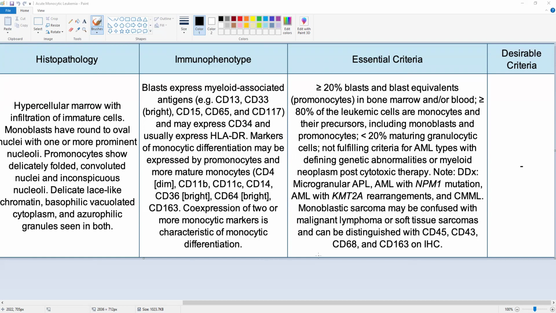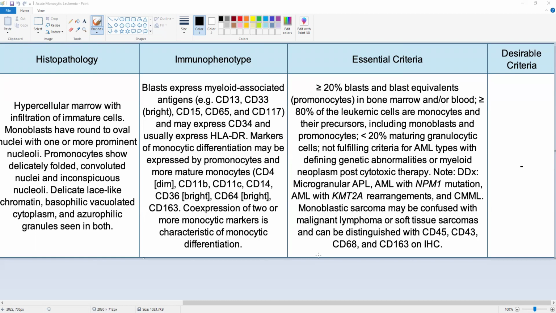The differential diagnosis for this entity includes microgranular acute promyelocytic leukemia, AML with NPM1 mutation, AML with KMT2A rearrangements, and CMML, which is chronic myelomonocytic leukemia, which can sometimes be really challenging to differentiate from acute monocytic leukemia.